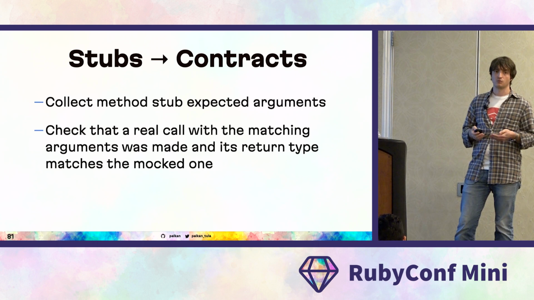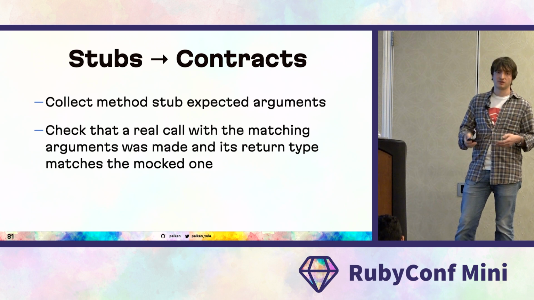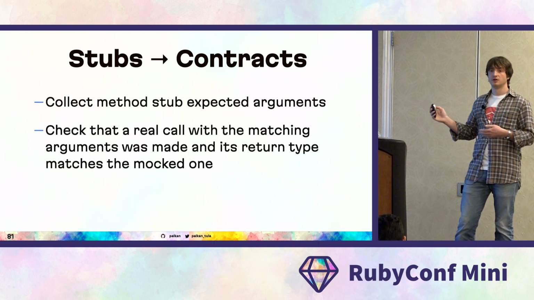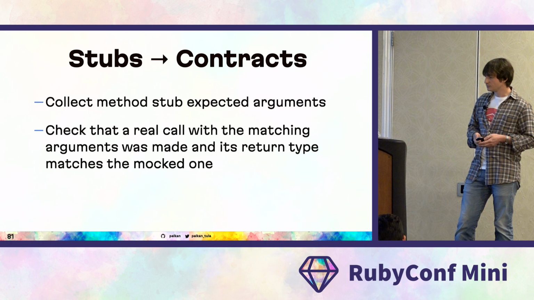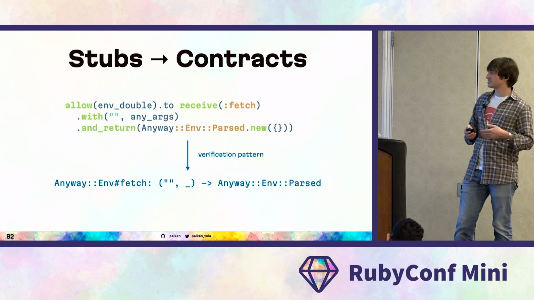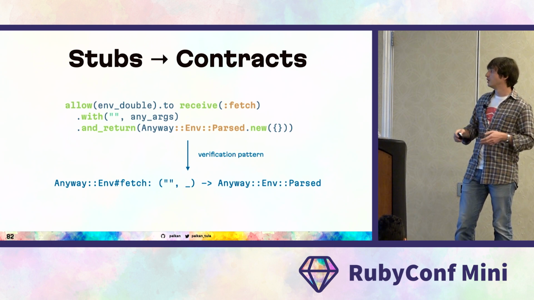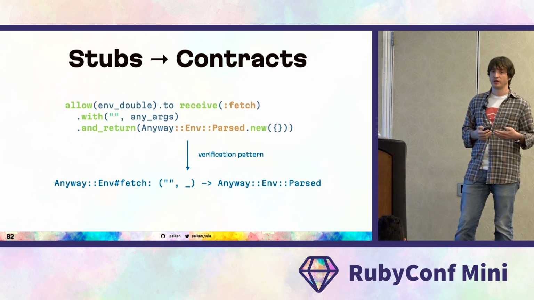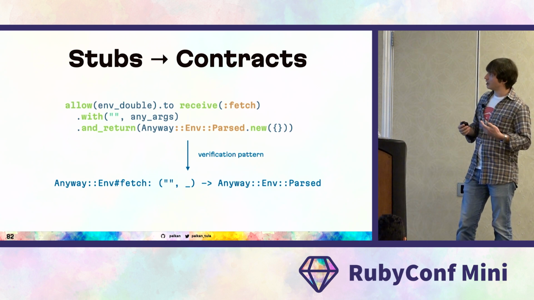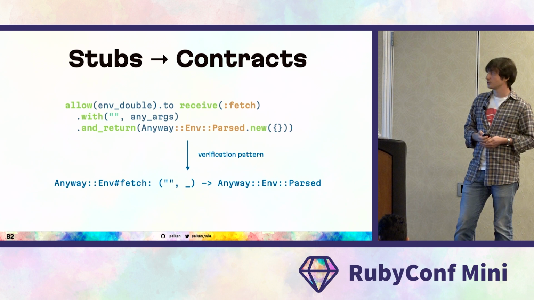If not, then we missed this verification: we do not have a matching unit test which demonstrates that given an empty string, we have a non-nil value. It looks like this. A verification pattern is somehow similar to a signature, but it uses explicit values and some placeholders for values we cannot match. That's the problem here: not everything can be compared by value to be used in verification.